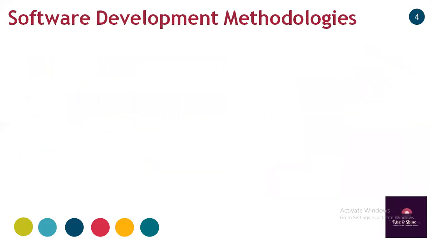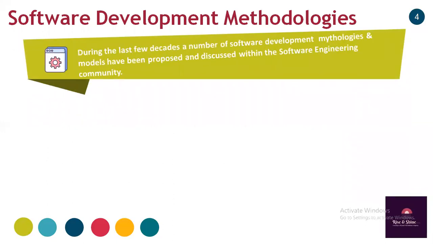So there are also software development methodologies. During the last few decades, a number of software development methodologies and models have been proposed and discussed within the software engineering community. We already learned software engineering at second or third year level.